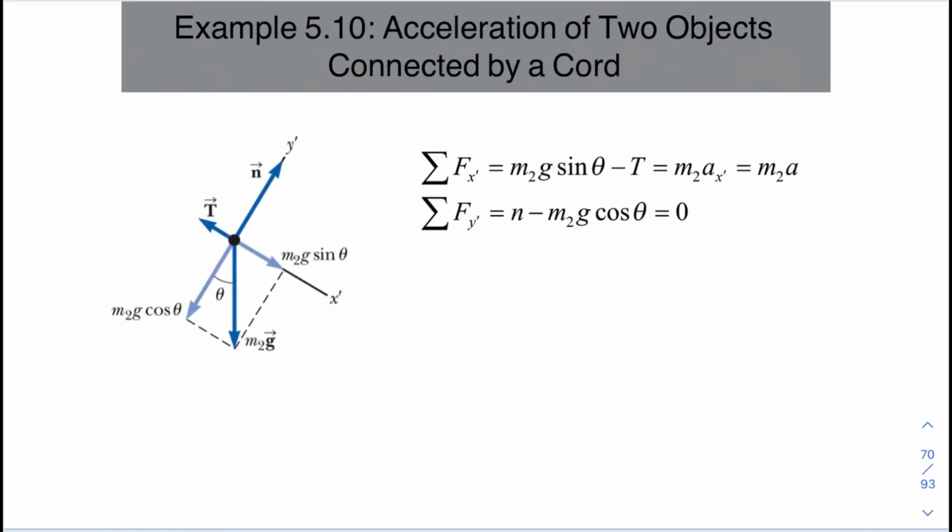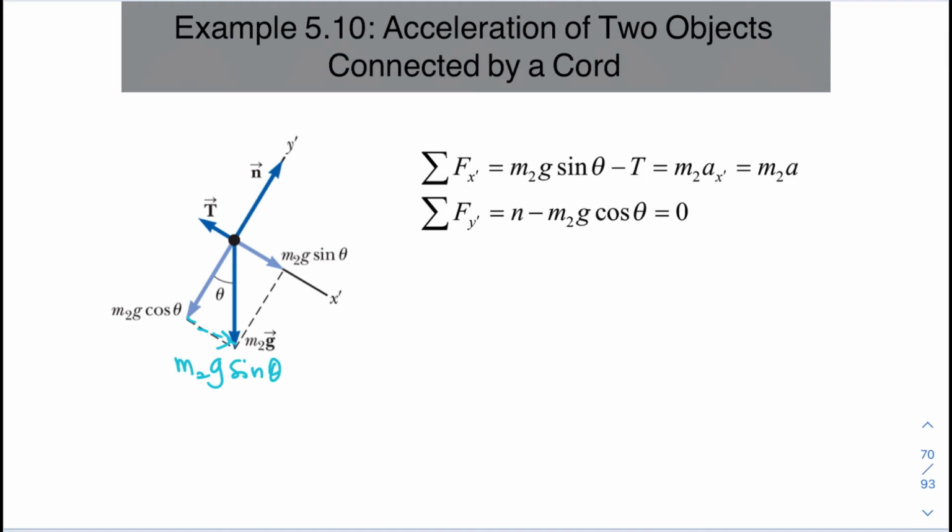For the M2, now, summation of F along X prime. This is a setting axis now, slightly different compared to the first one. It's M2G sin theta. What is M2G sin theta? The component of the M2G. You also can imagine it is here, so this is also M2G sin theta.